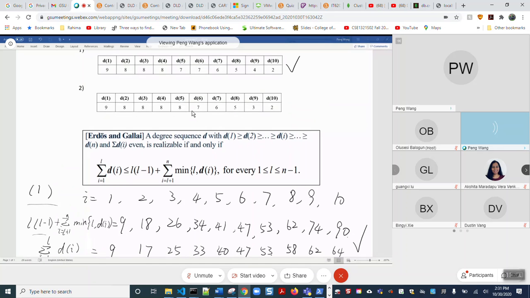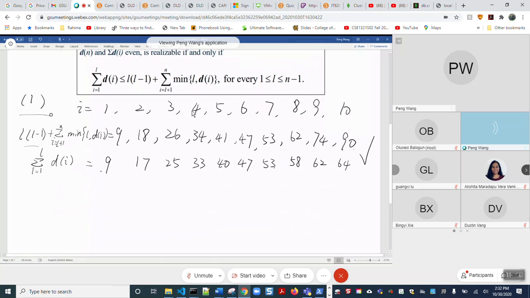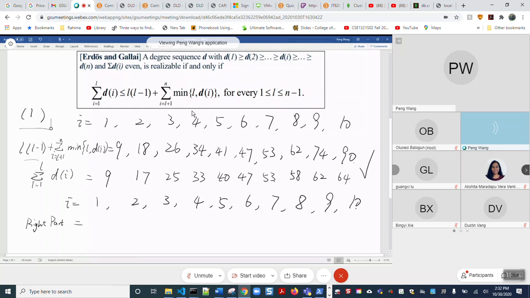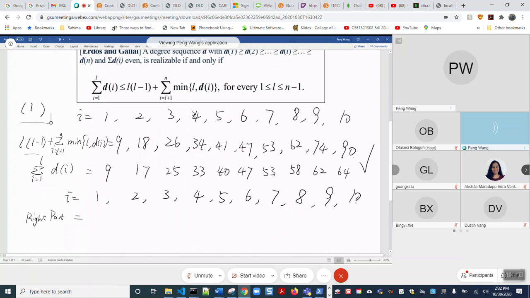And then let's calculate the second one. The second one is that the left part, i equal to 1, 2, 3, 4, 5, 6, 7, 8, 9, 10, and the right part will equal to, similar, because here's the 9 and 18 and, let's see, 26 and 33 and 40 and 46.